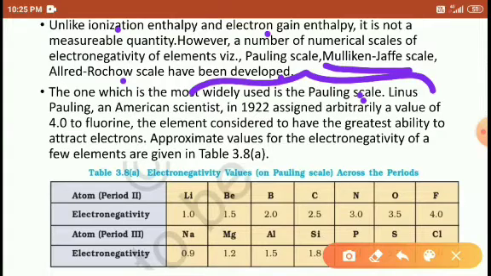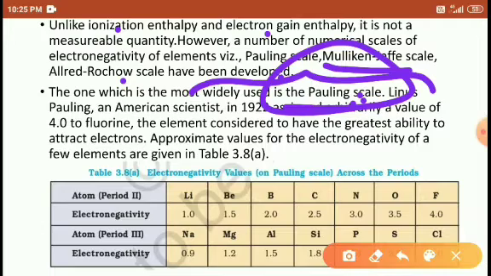The Pauling scale is a type of formula. With the help of the formula, he determined the electronegativity, students, right? It is not really a scale, it is just the formula. With the help of the Pauling formula, he measured the electronegativity of the elements, so that formula we call the Pauling scale, right, students?